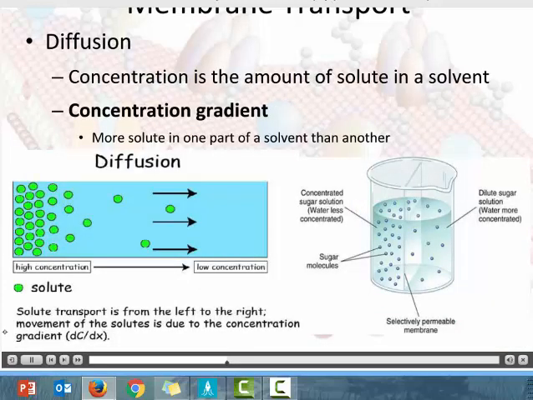And again, when we talk about membrane transport, we have a membrane separating two watery mediums, and we generally have more solute on one side of the membrane than we have on the other side of the membrane. So first we are going to discuss diffusion.